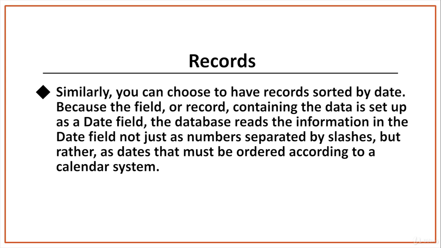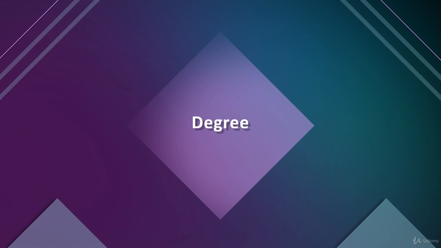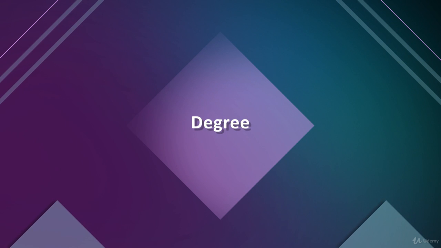Similarly, you can choose to have records sorted by date. Because the field containing the data is set up as a date field, the database reads the information in the date field not just as numbers separated by slashes, but rather as dates that must be ordered according to a calendar system. Degree. The degree is the number of attributes in a table.